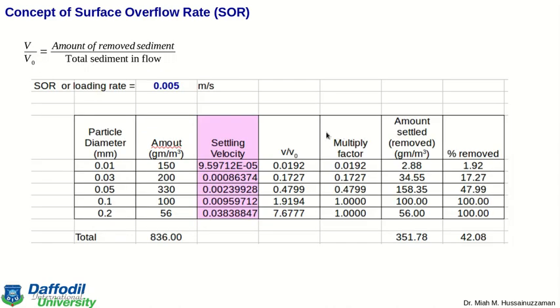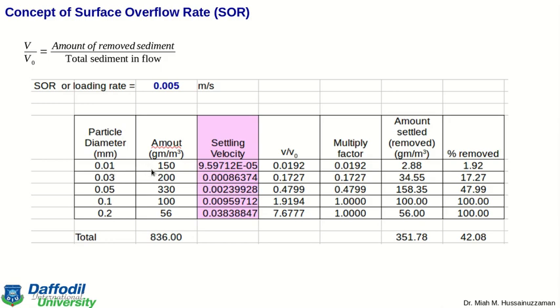Let us see an explanatory mathematical example which I created. I think you cannot find it in any books. In a flowing water body, there are different sizes of particles, and we separate those particles.